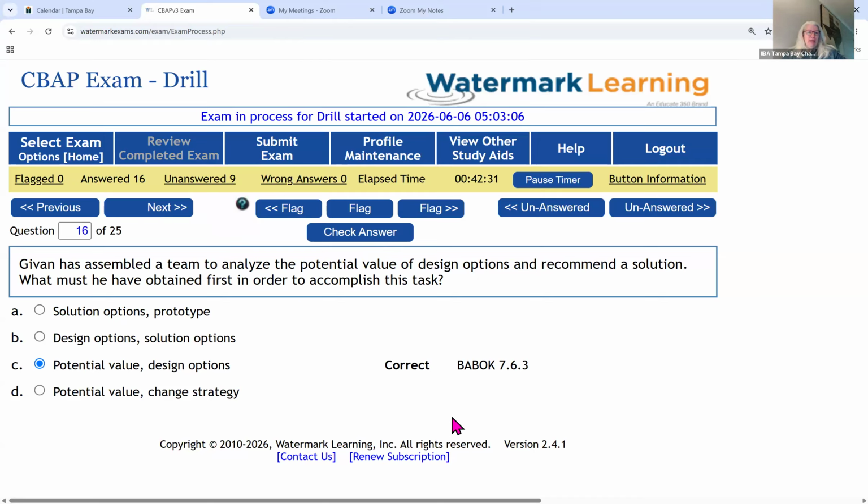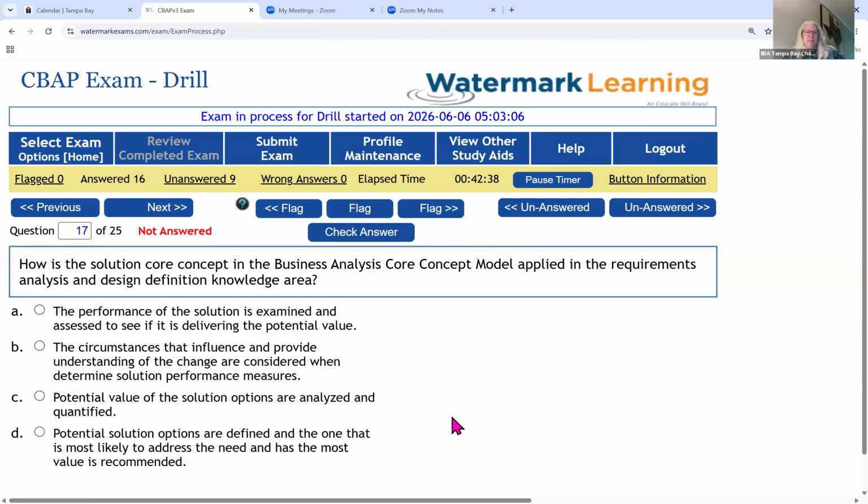Moving on. How is the solution core concept of the business analysis core concept model applied in the requirements analysis and design definition area? In this knowledge area, the solution core concept: the performance of a solution is examined and assessed to see if it is delivering the potential value.